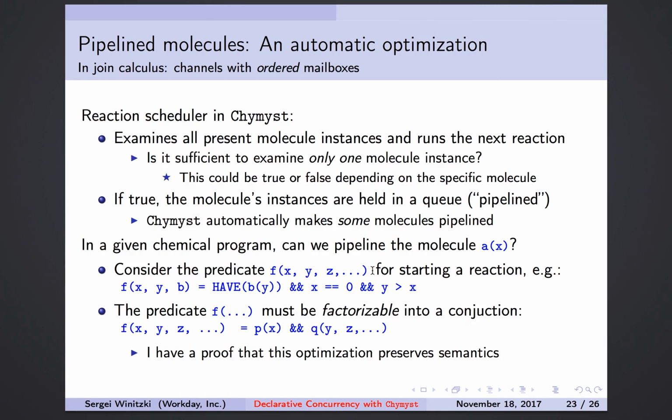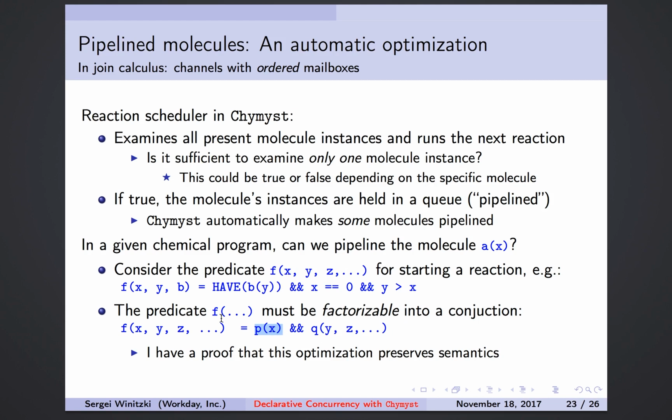Consider the predicate. Now, the condition is that this predicate must be factorizable into a conjunction of two other predicates, P and Q. So if there exist predicates P and Q such that this is a Boolean identity, then the molecule A can be factorized. So A is the molecule whose value is X. So then it is pipelined.